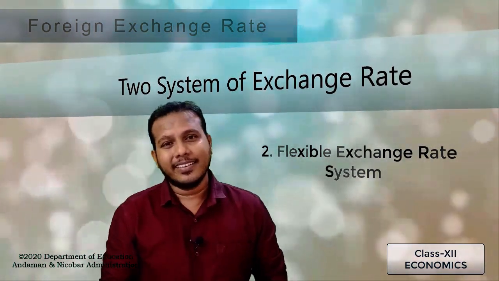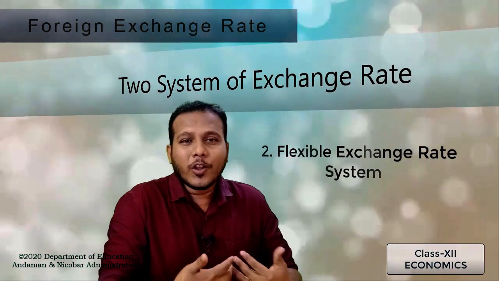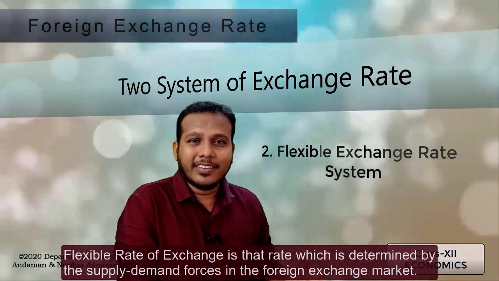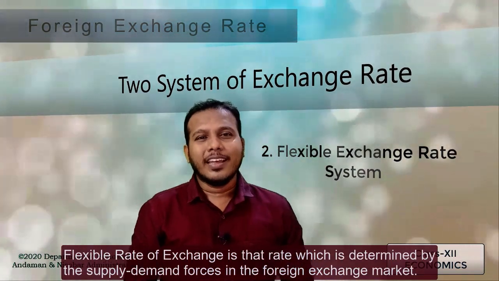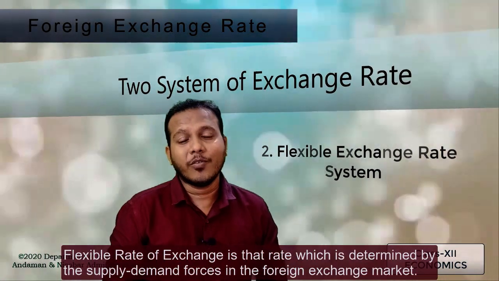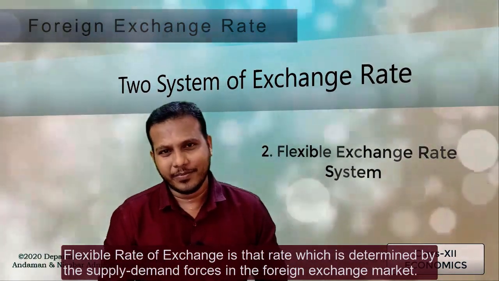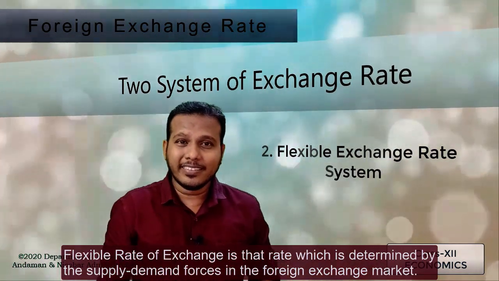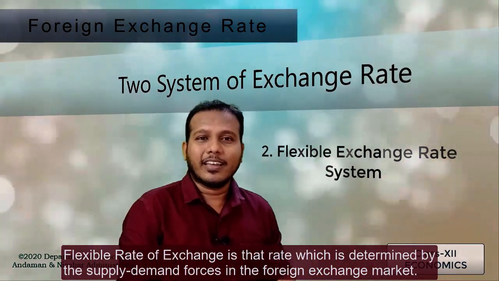To do away with this system and adopt a new system, which is called the flexible exchange rate system, they used the demand and supply of foreign currencies in the foreign exchange market. Based on the demand and supply of foreign currencies, the exchange rates are fixed.